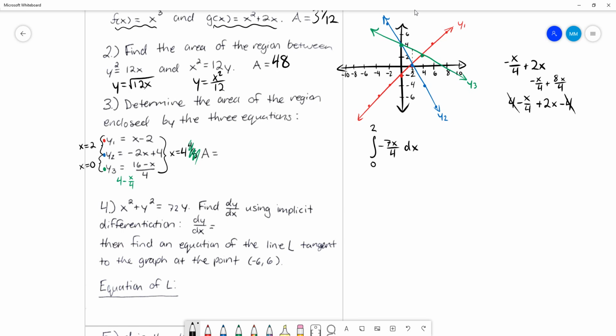So that's pretty simple. And then add the next one. So it's going to be from 2 to 4. And it's going to be y3 minus y1, because now that's the bottom one. So it's going to be 4 minus x over 4 minus x, so it's going to be 6 minus 5/4 x.